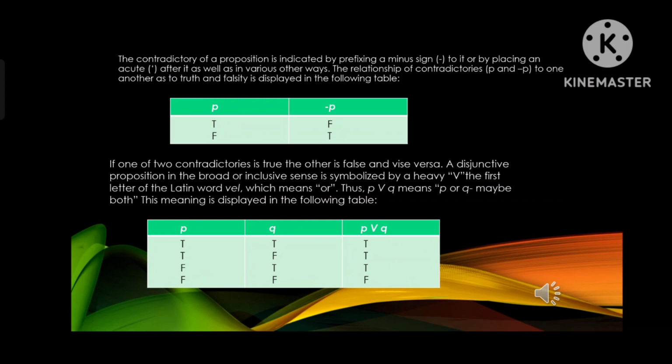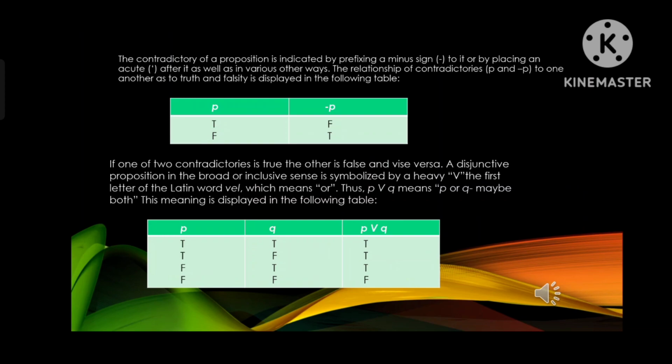On the first statement, the first is true, so the opposite of true is false. Second example, the first is false, so the opposite of false is true. Next, if one of two contradictories is true, the other is false, and vice versa. A disjunctive proposition in the broad or inclusive sense is symbolized by a heavy V, the first letter of the Latin word vel, which means or.